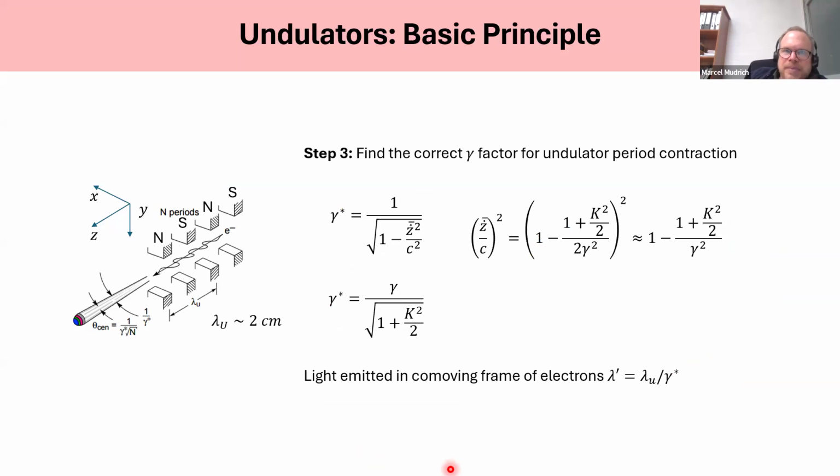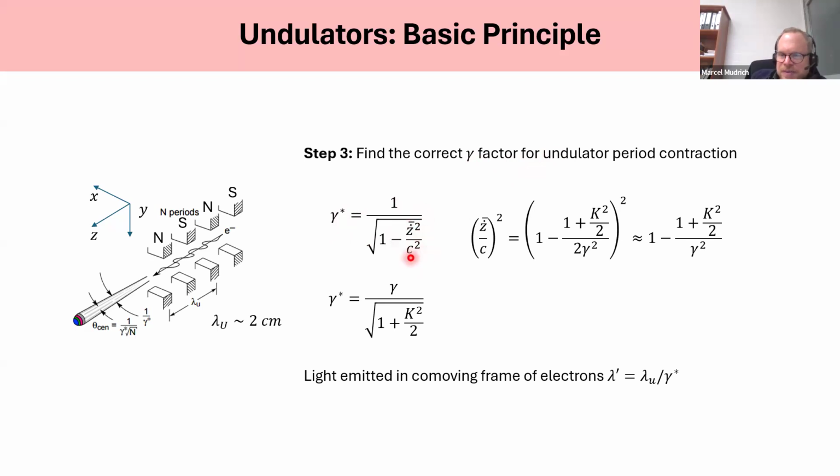Now in this third step, we have to find the correct gamma factor that is needed to transform into the rest frame of the electrons. This gamma is given by the formula for gamma, but with this time-averaged expression.